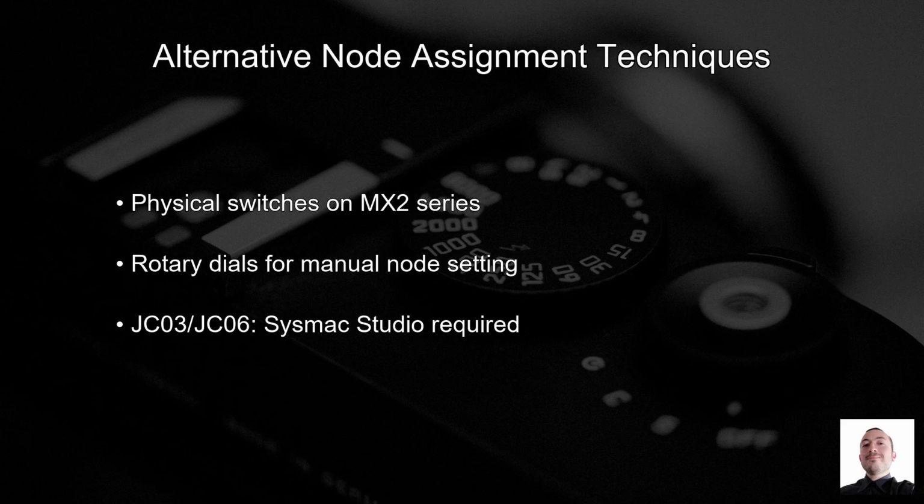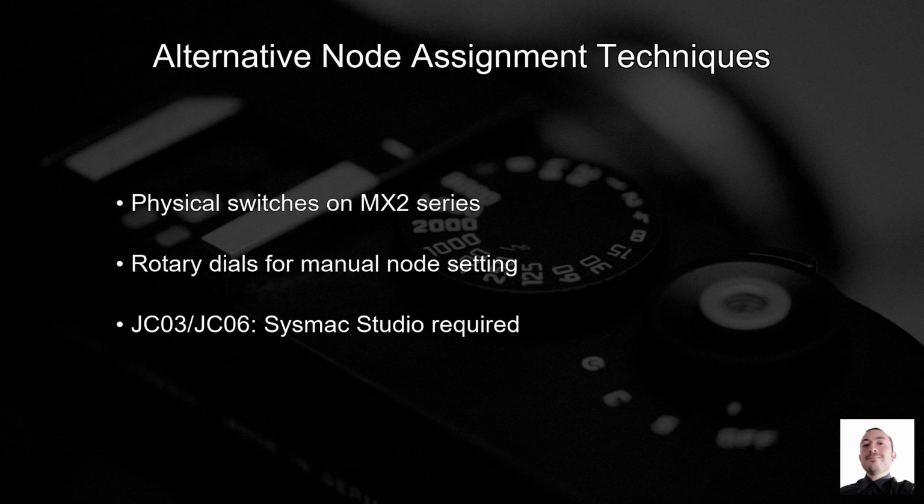Now, let's delve into alternative methods for node assignment. While Sysmac Studio is a powerful tool, it's not the only way to assign nodes. Some devices come equipped with physical switches or rotary dials that allow you to manually set the EtherCAT node number. For instance, the MX2 series from Omron has these switches, enabling you to configure the node without software.